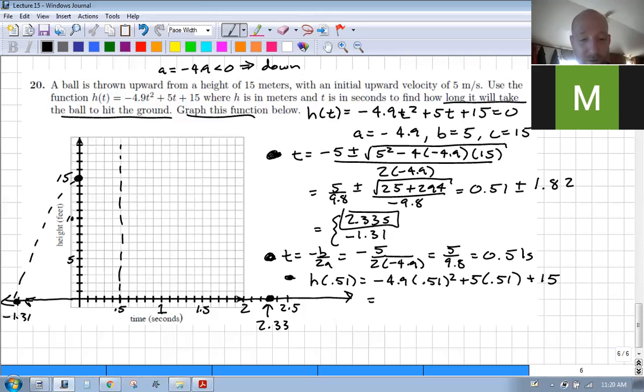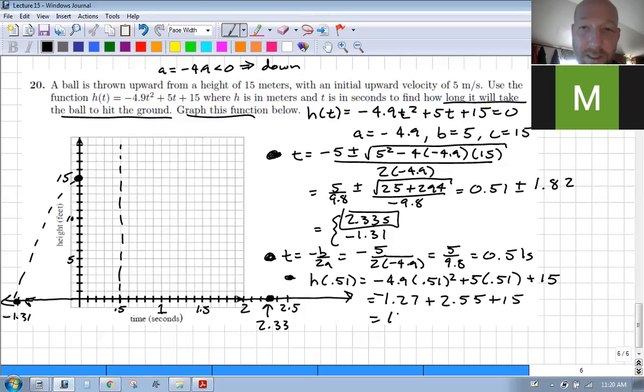So 0.51 times a 0.51 times a 4.9 is 1.27, and 0.51 times 5 is a 2.55. Oh, this is negative here. And plus 15. So we have 15 plus 2.55 minus 1.27.